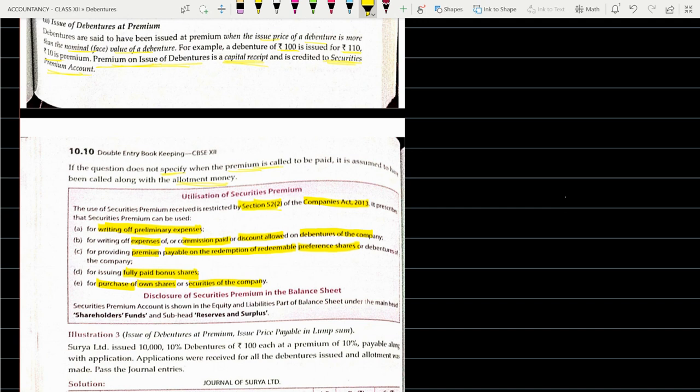And how to disclose the SPR in the balance sheet? The securities premium account is shown in the equity and liabilities part of the balance sheet, under the main head shareholders' funds and subhead reserves and surplus. So please make sure which is your main head and which is your subhead.